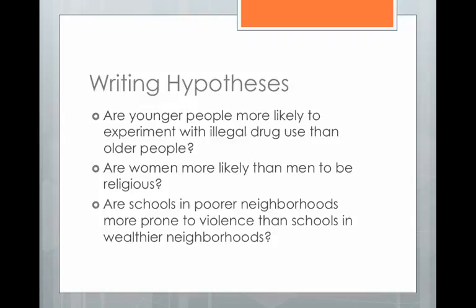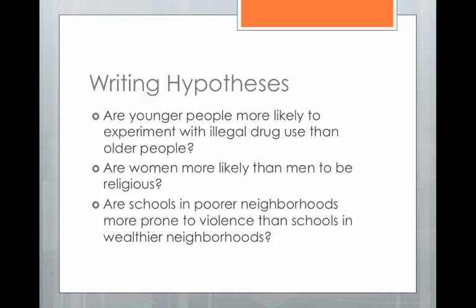So our variables here are going to be age and illegal drug use. Age, because we're talking about younger people versus older people, so we're comparing the age of these people, the units, and then illegal drug use, because that's the other thing we're making a comparison of.